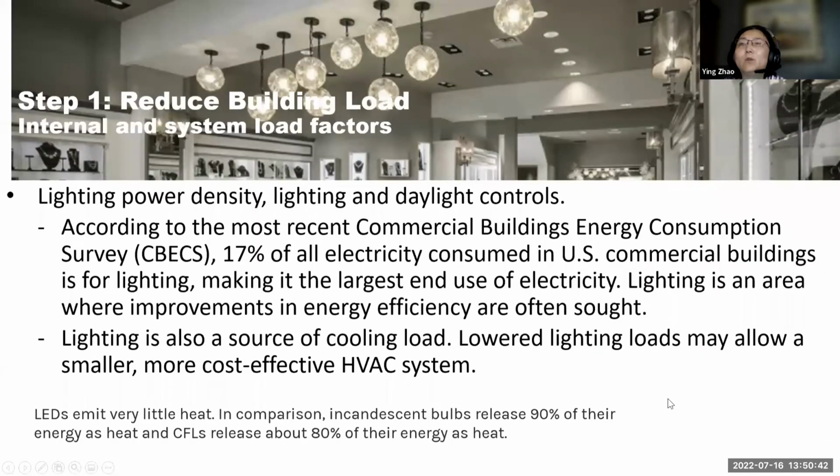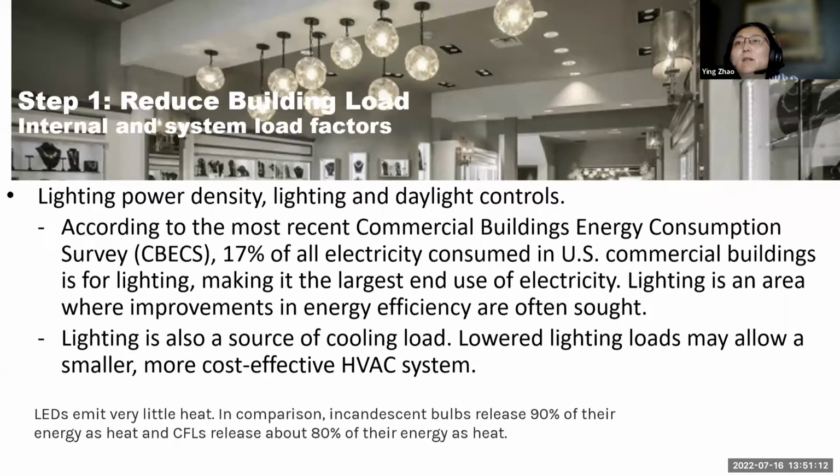So we already talked about the envelope, those factors that potentially affect the building loads and the energy use of the building. Another factor will be the internal and the system load factors. One of the major factors will be lighting power density, lighting and the daylight controls.